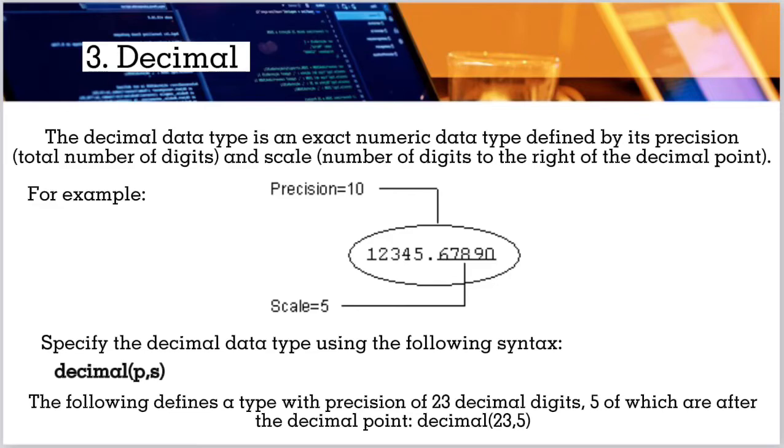The S defines the scale. The scale of a decimal value cannot exceed its precision. Scale can be 0, meaning no digits to the right of the decimal point. So the following defines a type with precision of 23 decimal digits, 5 of which are after the decimal point: decimal, open parentheses 23, 5, close parentheses.